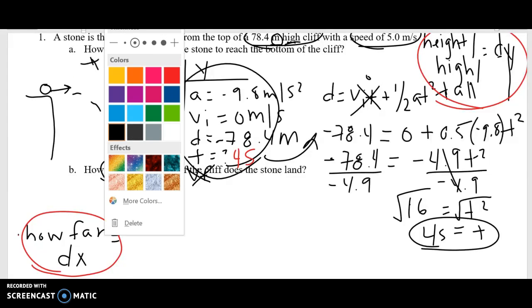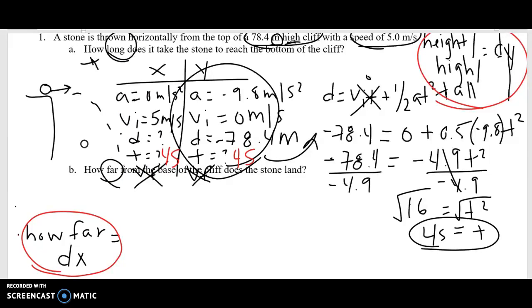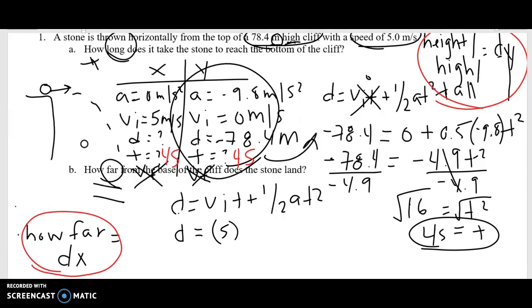So what we're going to do is use the same equation, d is equal to VIT plus 1/2 AT squared. But this time I'm solving for how far, so I have to use everything on the x side. I can only plug in information on the x side. My VI is 5, according to my x side, and my time is 4.